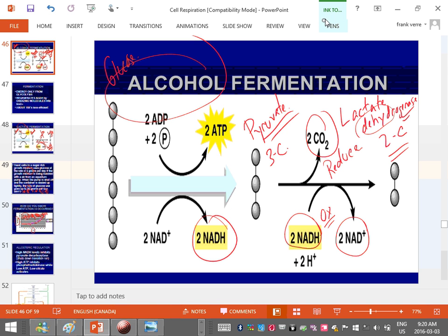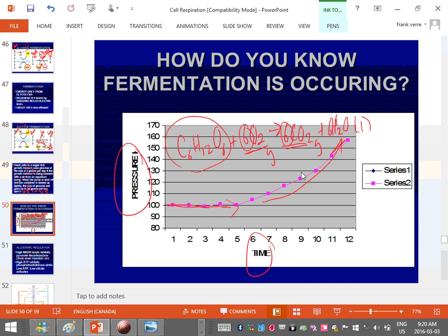But what do we produce? We produce gas. Okay? So the reason why the pressure goes up is because we switch to alcohol fermentation right here. And because we switch to alcohol fermentation, the pressure starts to build because you're making CO2 without using it.